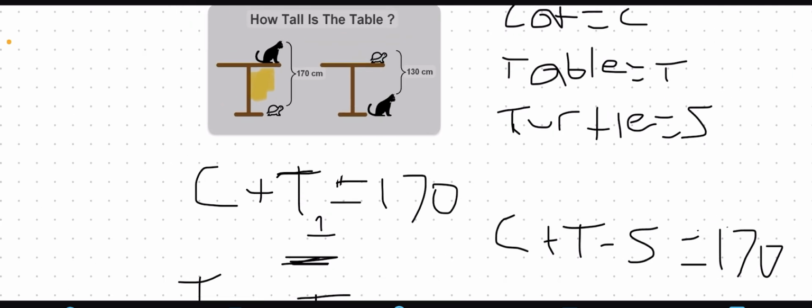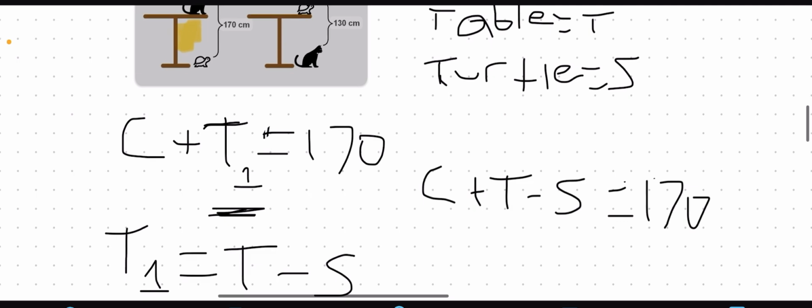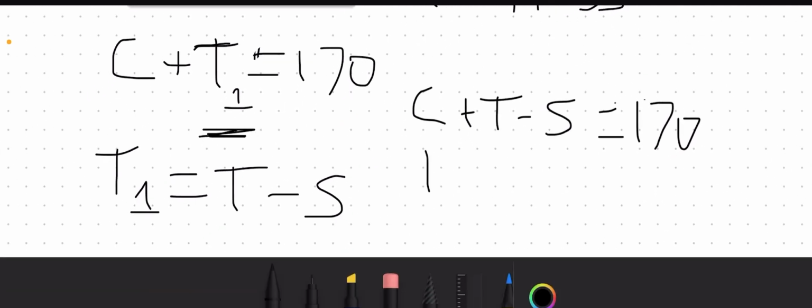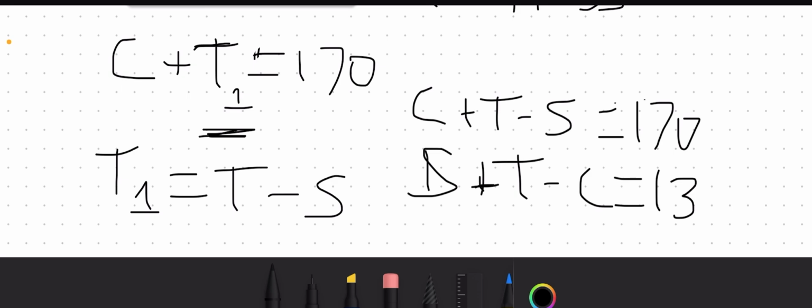It's going to be the exact same kind of formula, just we're switching the turtle and the cat. So if we have the turtle, and then we add in the table and we subtract the cat away, it's going to give us 130.